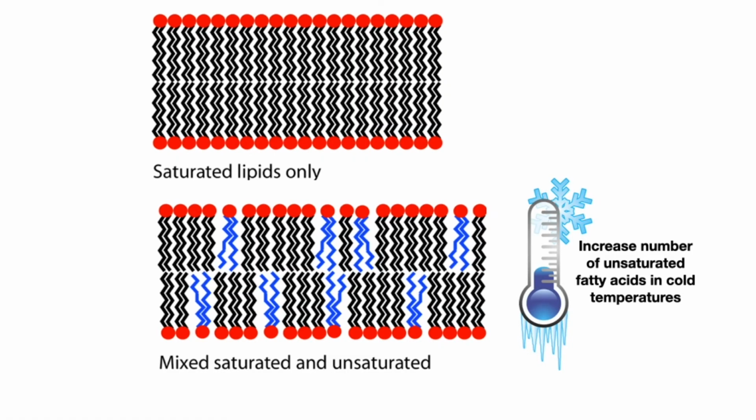A factor that leads to this fluidity is the nature of the phospholipids themselves. The ratio of saturated and unsaturated fatty acids within the phospholipids helps determine the fluidity of the membrane, especially at cold temperatures. In their saturated form, the fatty acids in the phospholipid tails are relatively straight. In contrast, unsaturated fatty acids contain some double bonds, which bend the tails.